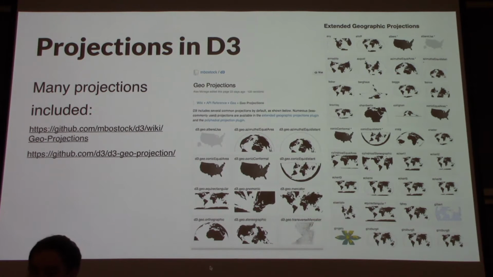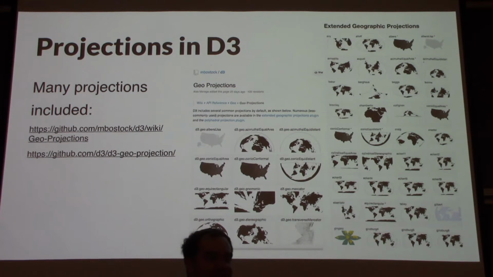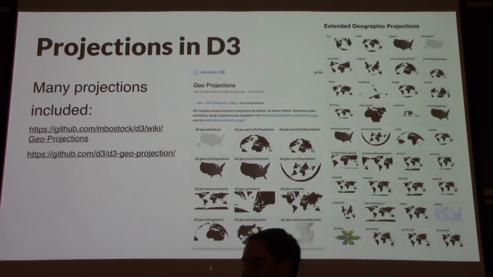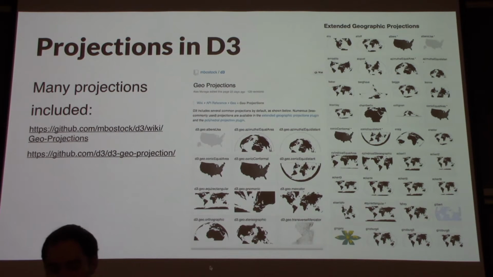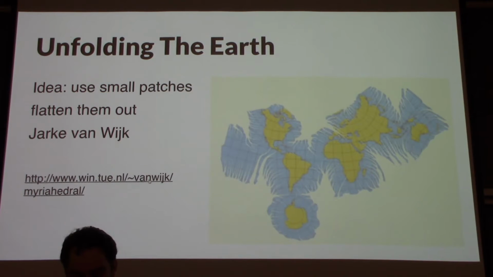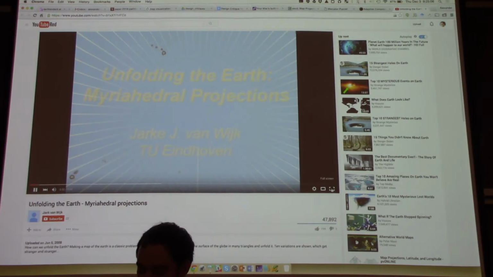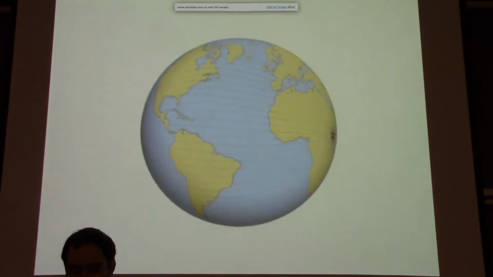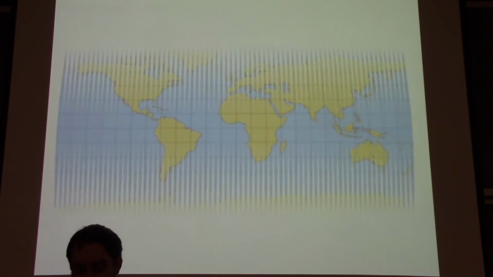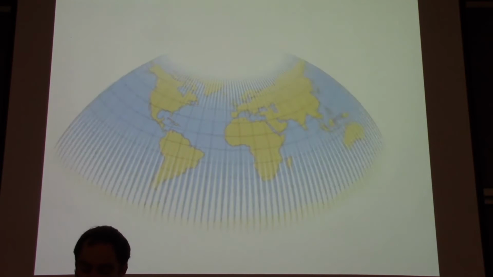We talked about the projections in D3. Some of the people who developed D3 were projection nerds, so they implemented probably every single conceivable projection for D3. You've played with this, so I'm not going to go into detail. This video here shows what you can do if you unfold the Earth. I'm mainly showing it because it's pretty cool. There's no projection here, it's just how you slice, let's say, a paper globe.